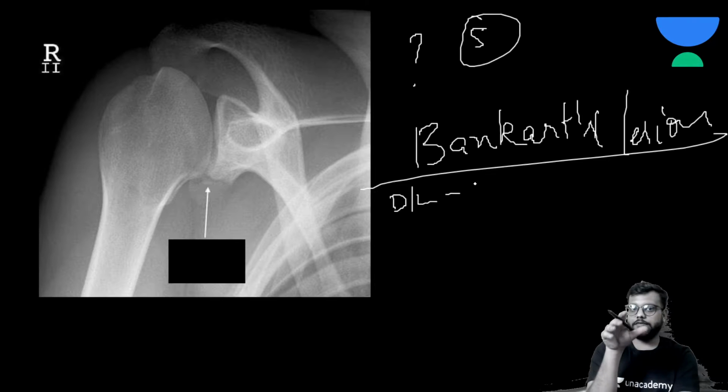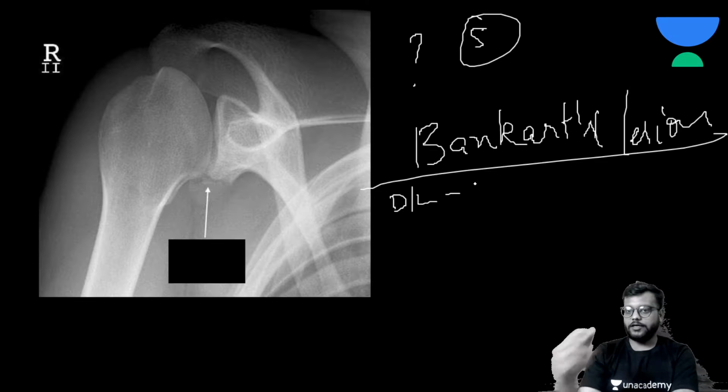around the glenoid cavity to make it deeper. So during dislocation, sometimes the glenoid labrum is displaced or is torn at the anterior lateral aspect, and with it sometimes a chip of the glenoid cavity also gets fractured and displaced.